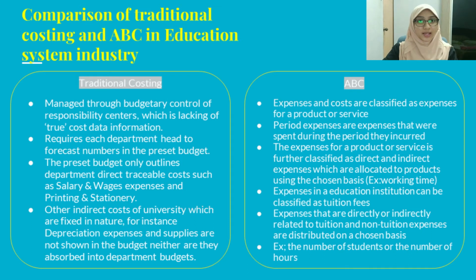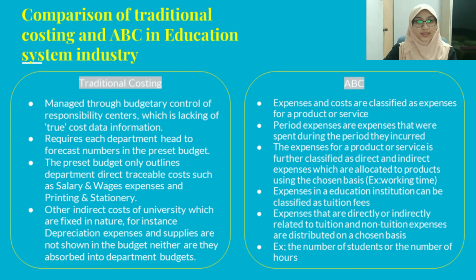The preset budget only outlines departments' direct traceable costs such as salary and wages expenses and printing and stationery. Other indirect costs of the university which are fixed in nature, for instance, depreciation expenses and supplies, are not shown in the budget. Neither are they absorbed into department budgets.